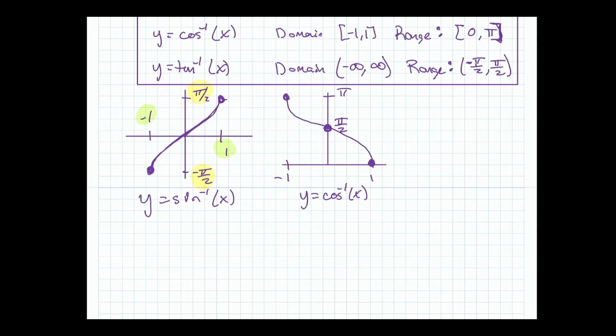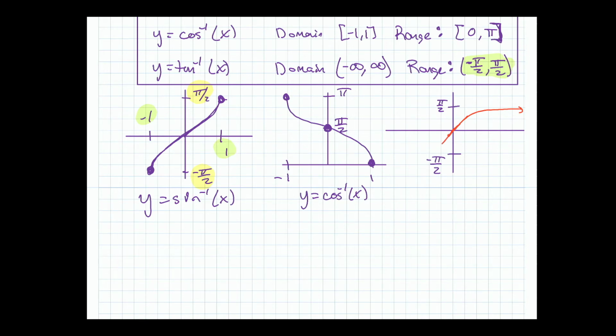And then for tangent inverse x, I'm not going to draw tangent for you, but I'll draw tangent inverse for you. Tangent inverse does this. If you look at the range of tangent inverse, the reason we're not using square brackets there is because it never actually gets up to pi over 2. So you have pi over 2 there, negative pi over 2 there, and the graph of the inverse tangent goes up, and then as it gets closer and closer to pi over 2, it levels out.